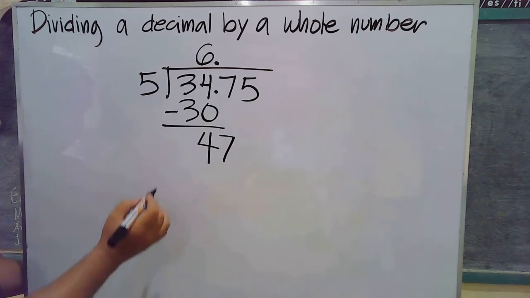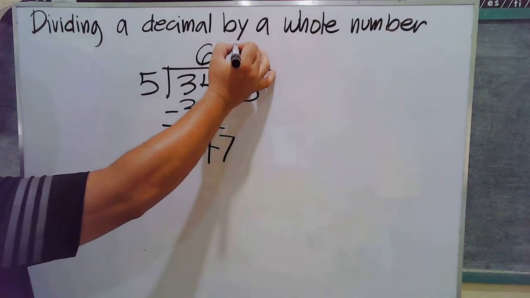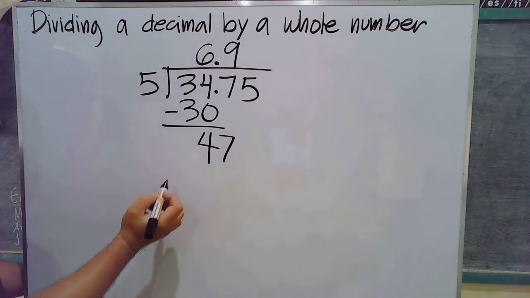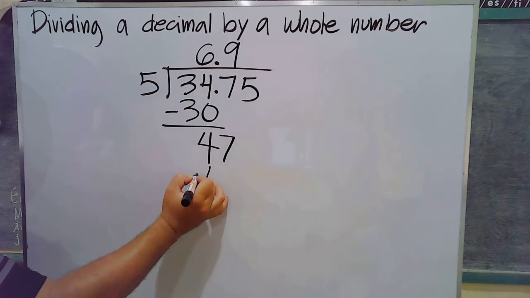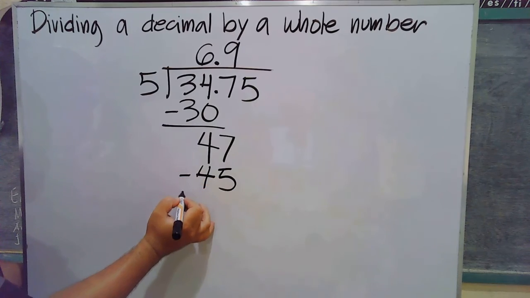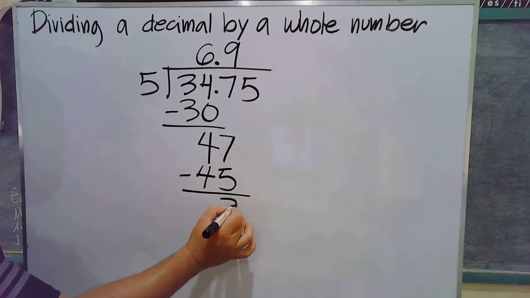Next, we're going to divide. 47 divided by 5 is 9. Okay? 9 here on top of 7. So, we're going to multiply. 9 times 5 is 45. Okay? Subtract. So, 47 minus 45 is 2.